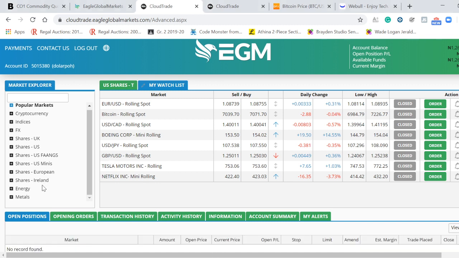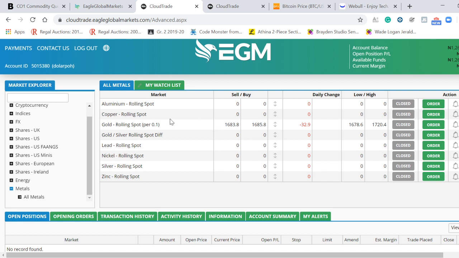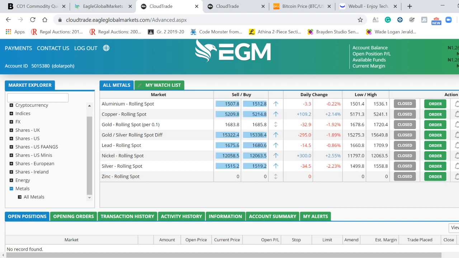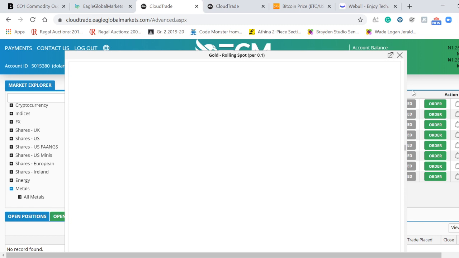Gold was selling at a different price compared to what it is today. Let's see, rolling spot for gold, 1,683. So this was gold then, selling at that price.